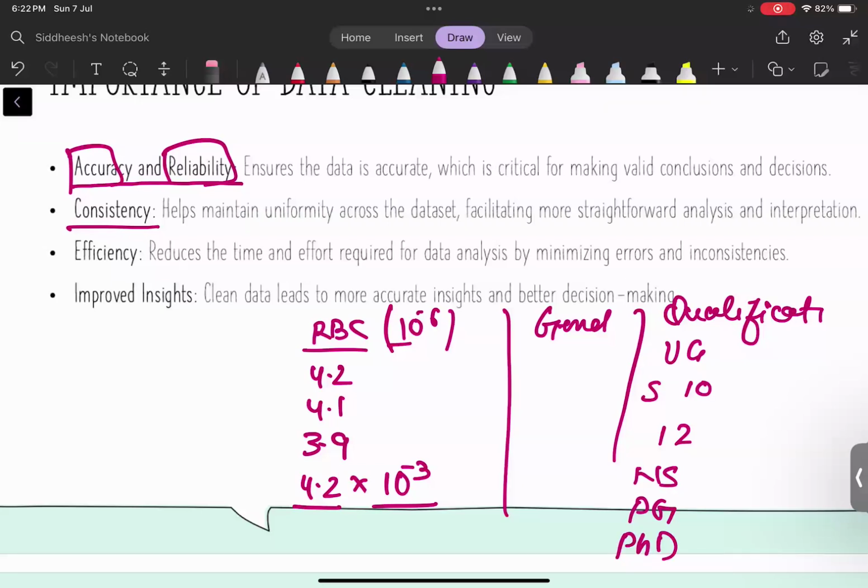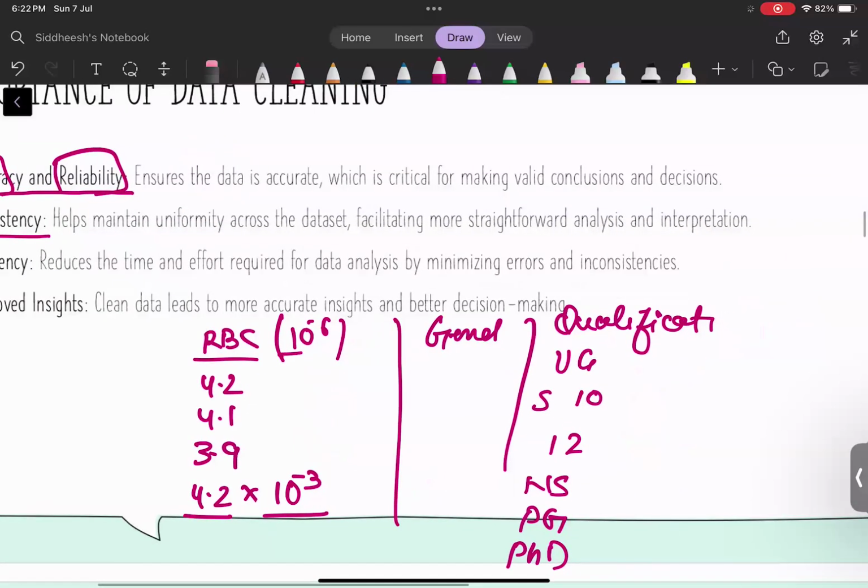So we need to maintain the consistency. Some people will write undergraduate, some will write UG, some will write postgraduate without a dash, somebody will write post-graduate. So what is going to happen? We need to maintain the uniformity. So we can put UG as 1, PG as 2, PhD as 3, and others as 4, 5, 6. Done. So data coding is done already.